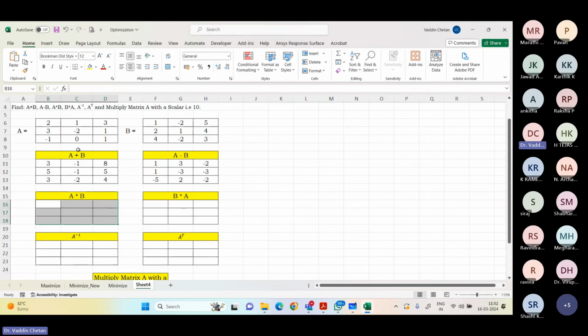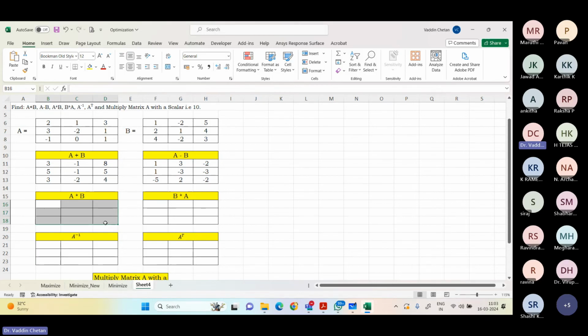That doesn't result even in matrix multiplication. So the matrix multiplication can be done by using a function called MMULT, M-M-U-L-T. If you multiply two matrices of 3 by 3, the resultant matrix will also be a 3 by 3 matrix.